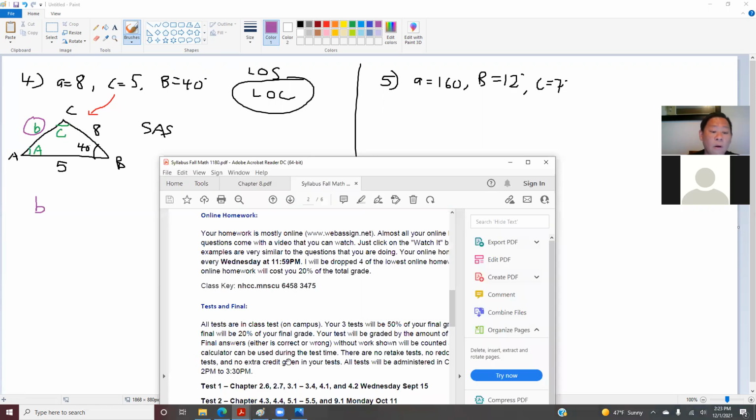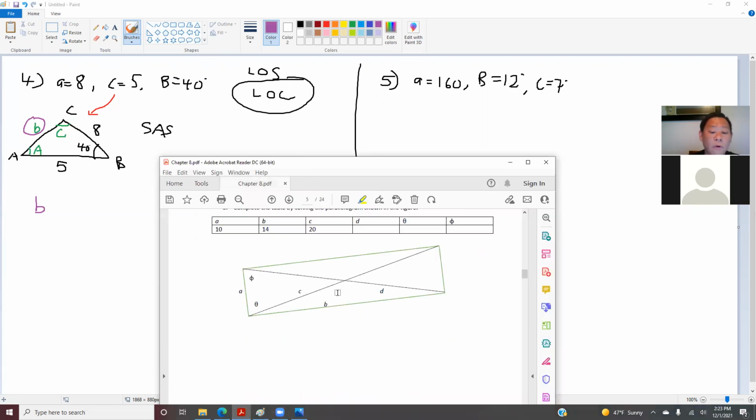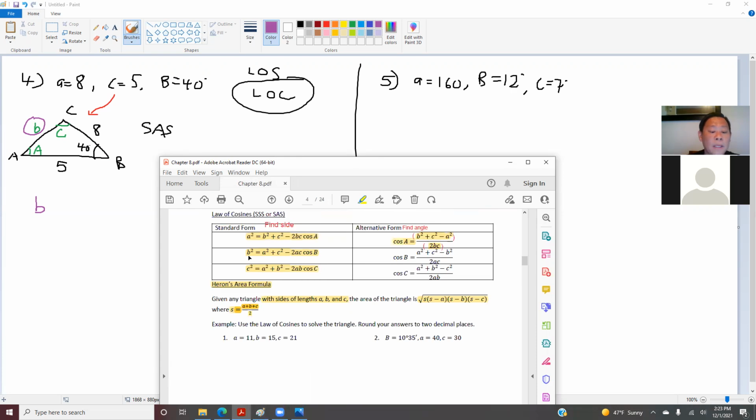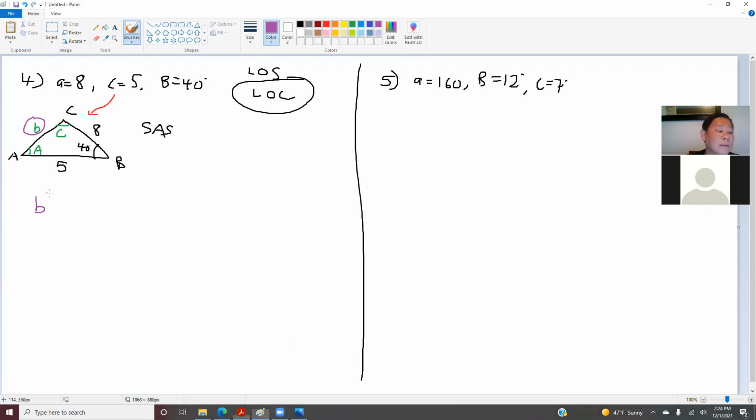Law of cosine says b squared equals a squared plus c squared minus 2ac cosine B. Make sure that this B is caps, the rest are all small letters. So this is b squared, like the Pythagorean theorem, a squared plus c squared minus 2 times a times c times cosine B.